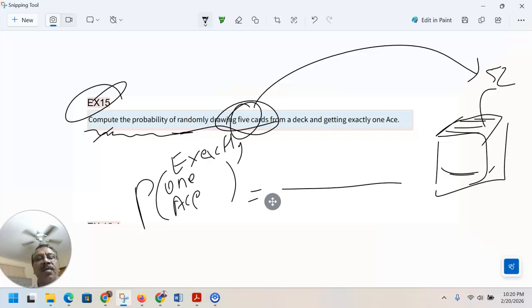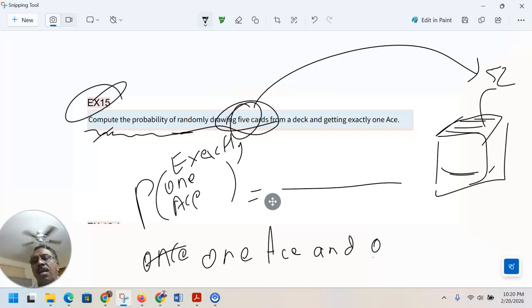Basically it means one is an ace, and the other four are not aces.